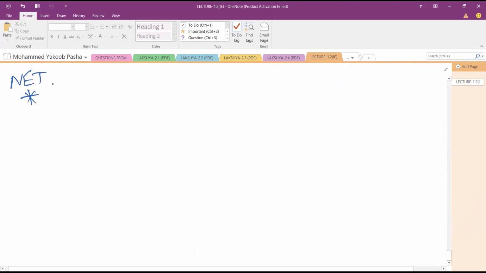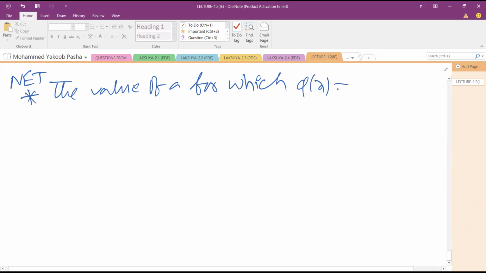Okay, the value of small a for which phi of x is equal to 1 plus ax is a solution of the integral equation.